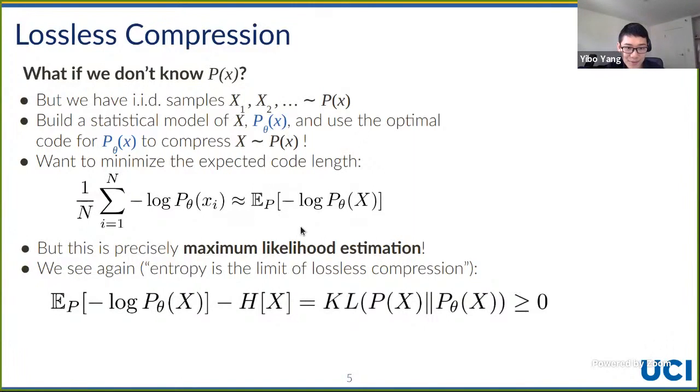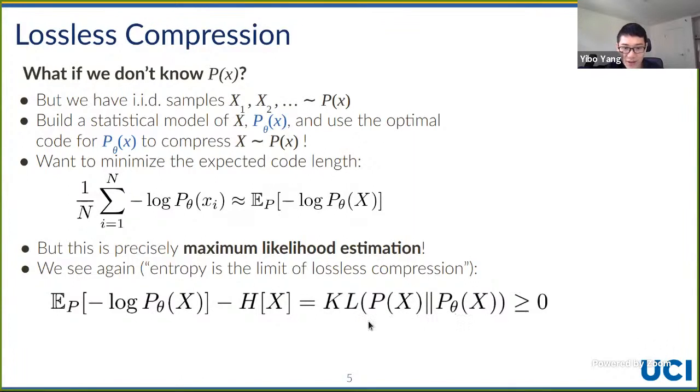And as I write in this equation here, if you subtract the entropy of the source from this objective, which you might know as the cross entropy, you'll see that this is actually the KL divergence between the source distribution and our model's distribution.